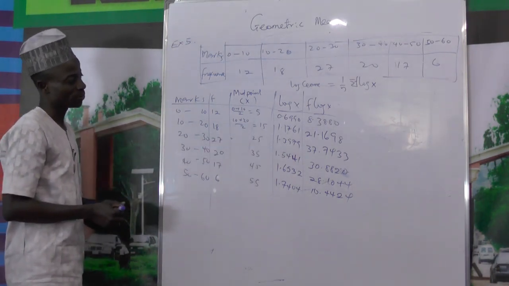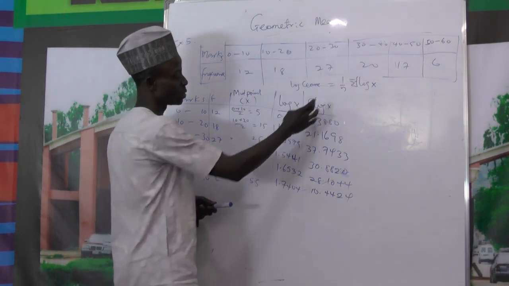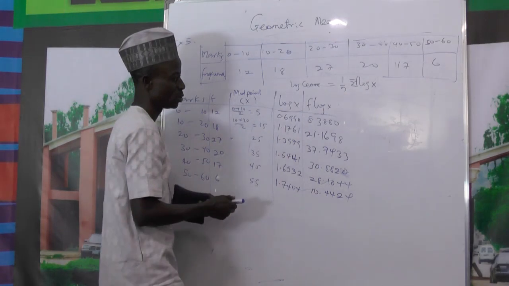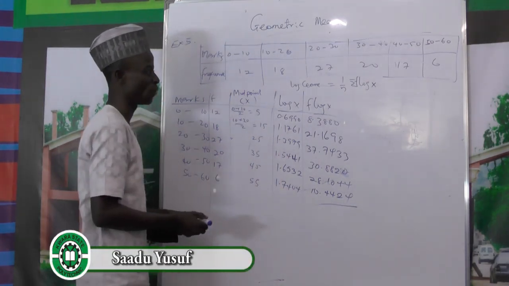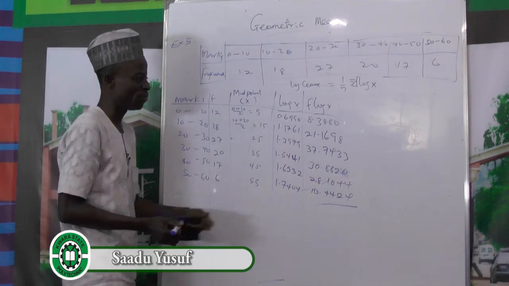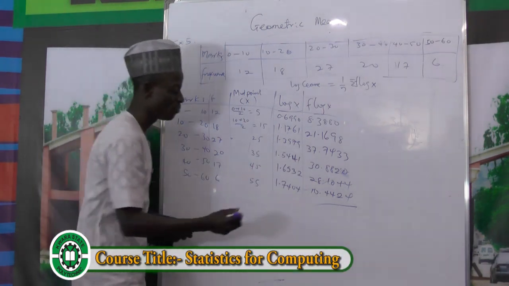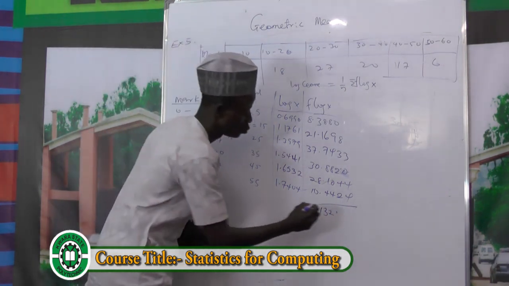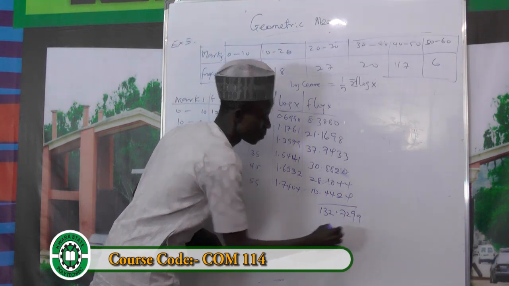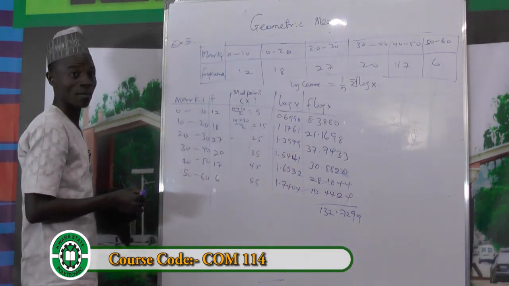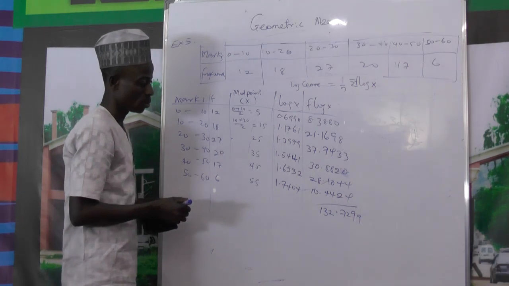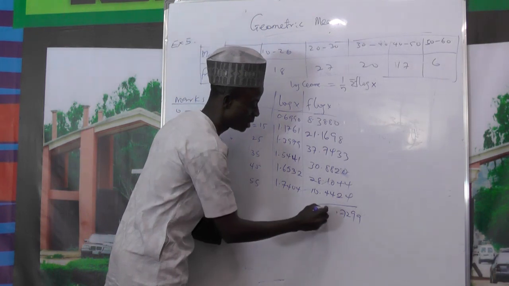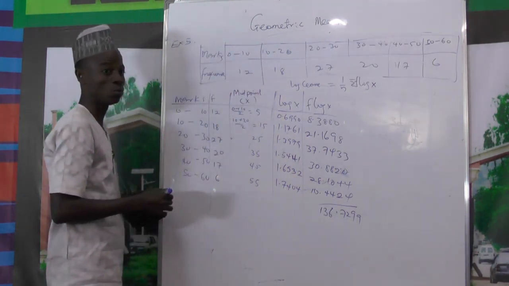So the next one, if we look at our formula, is 1 all over n multiplied by the sum of f log x. So we need to have the addition of f log x. If we add all this together, we are having 136.7299.